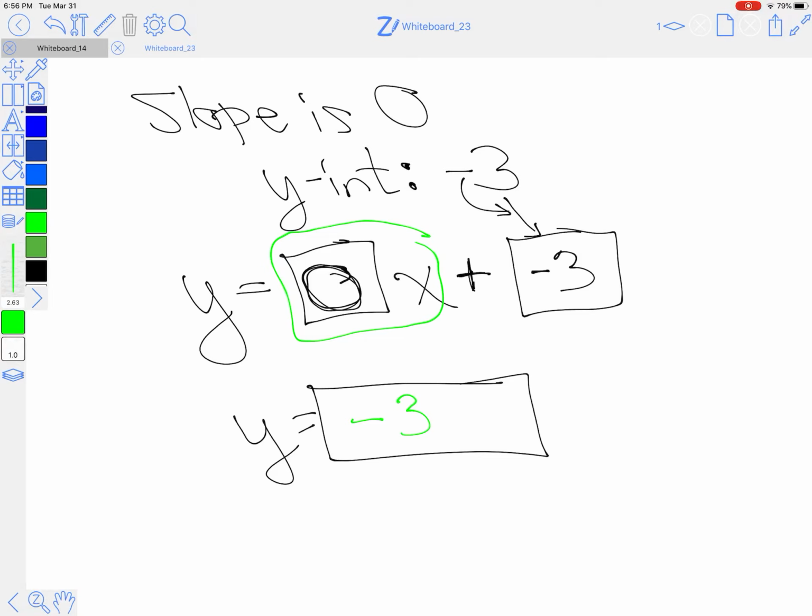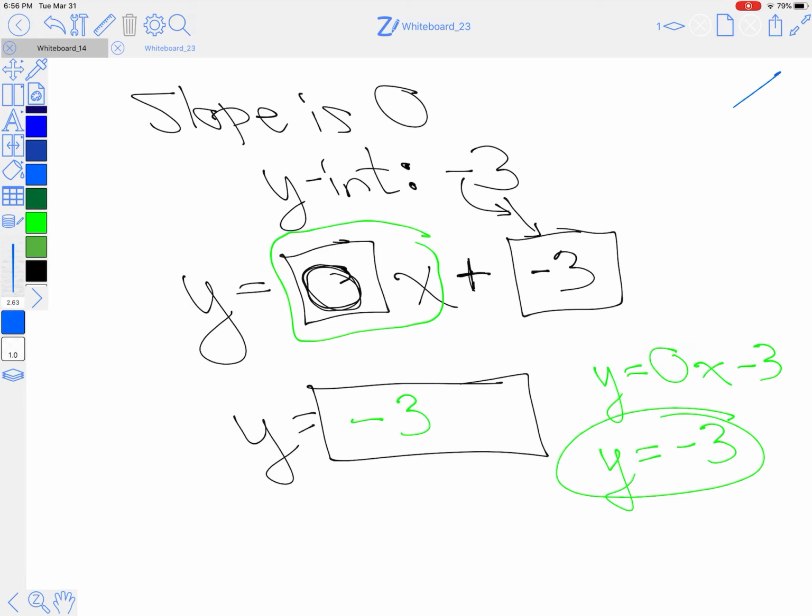So saying y = 0x - 3 is the same thing as saying y = -3. So pay attention to how they're wanting you to answer it. If they leave you the empty boxes like this first example did, fill in the boxes. And if they just leave the whole box blank for you to do the whole equation, make sure you think about how it should be at the end.